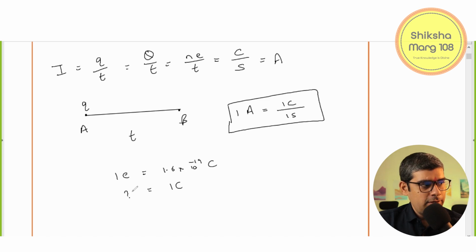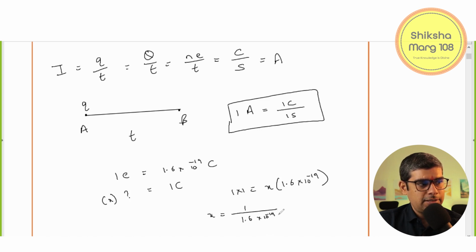I'm just going to do a simple cross multiplication. 1 times 1 is 1, and this is x times 1.6 times 10 raised to minus 19 coulombs. Now x taken on the other side, and the value in the bracket goes down. So it's going to be 1 upon 1.6 times 10 raised to minus 19.